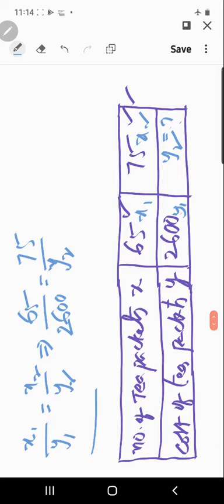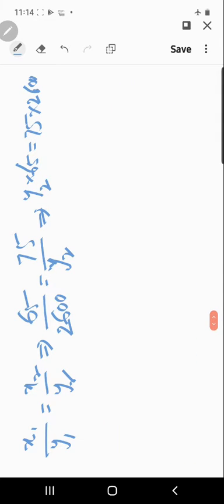So now, after substituting, fractions are there on both sides. Do the cross multiplication. Then we'll get y2 into 65 is equal to 75 into 2600. Now we have to simplify this equation, and by that we'll get the y2 value.